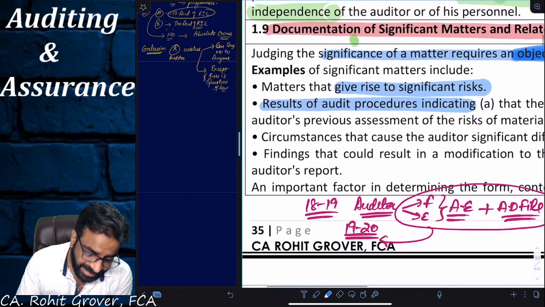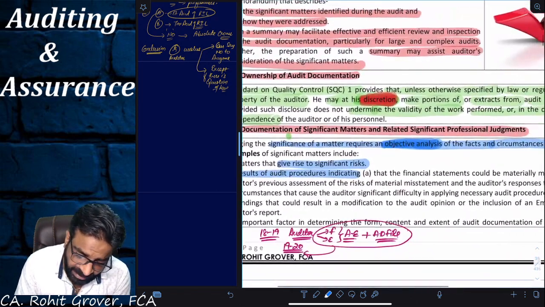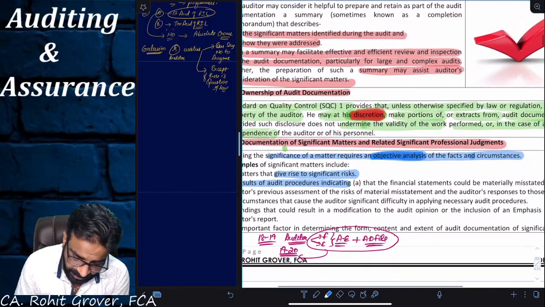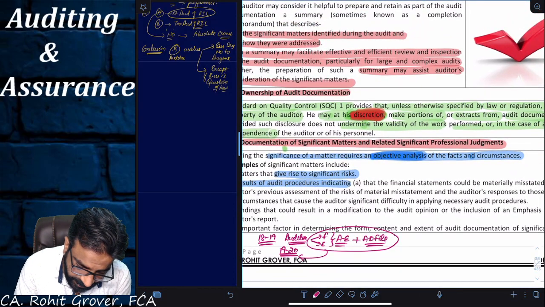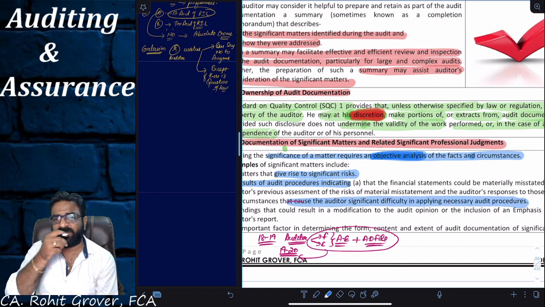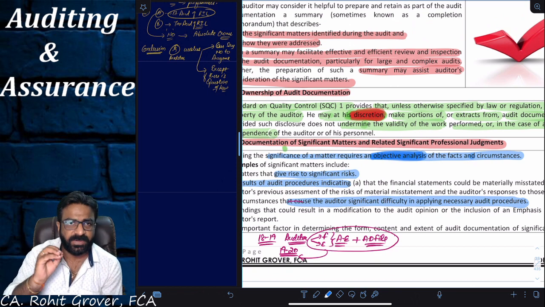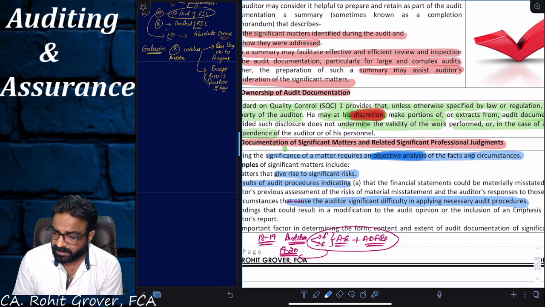Next one. Circumstances that cause the auditor significant difficulty in applying the necessary audit procedures. Everyone, please try to understand this concept very carefully. Last year, I was doing the audit of one company called ABC Limited.